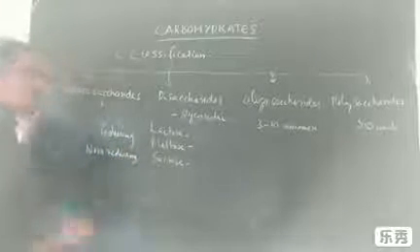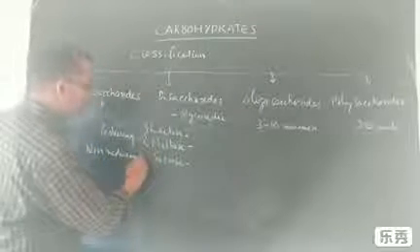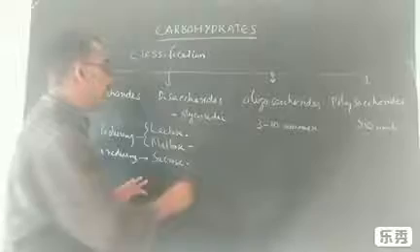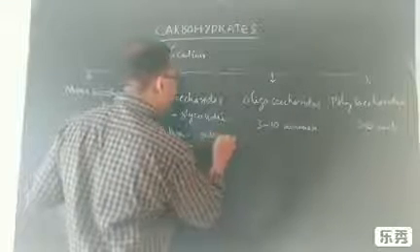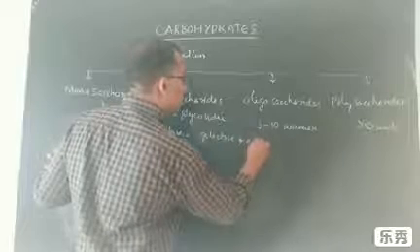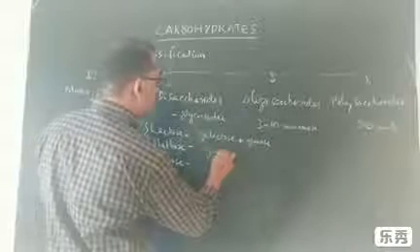Examples of reducing disaccharides are lactose and maltose. The non-reducing disaccharide is sucrose. Lactose contains a 6-carbon galactose unit plus a glucose unit. Maltose contains 2 units of glucose.